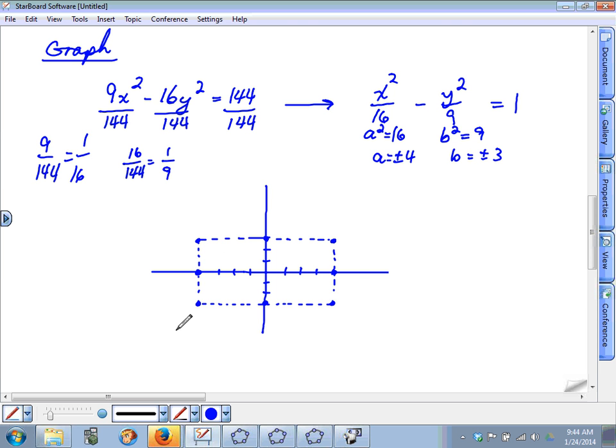Okay, and then draw lines going through the corner and the origin. This is one of the slanted asymptotes. The other one is going through the other corner, through the origin. Why do they go through the origin? Because this is centered around the origin. Again, these lines don't actually appear on the graph. They're simply here to help us aid.